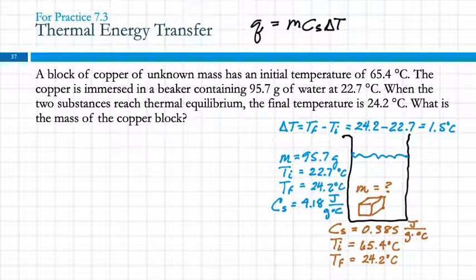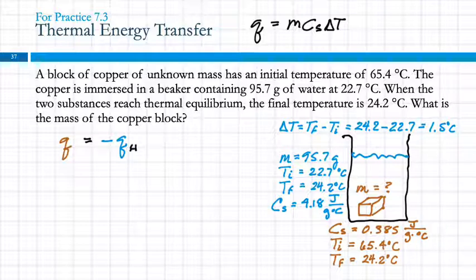So I'm going to choose to look at the block of metal as the system. And so we can say that the Q for the copper is equal to negative Q for the water. So if you don't have orange and blue pencils, how can you indicate these are different?